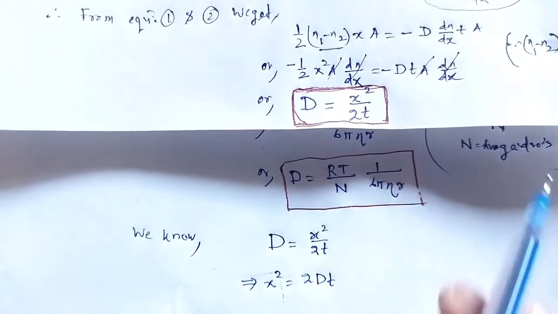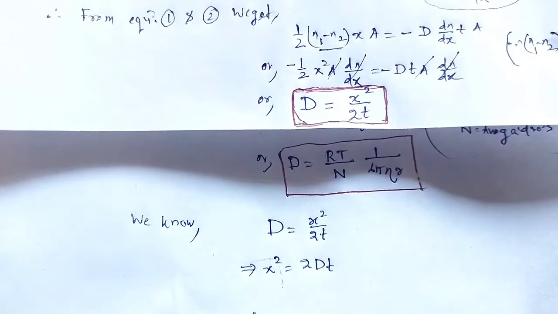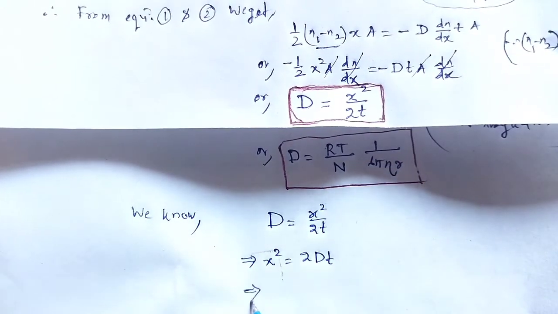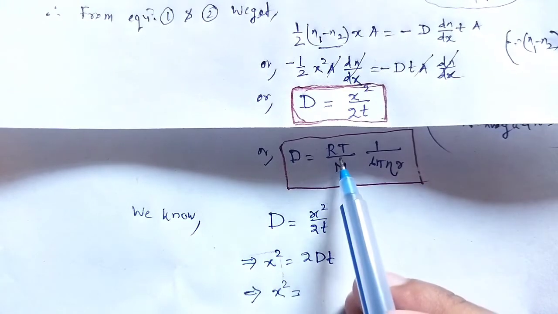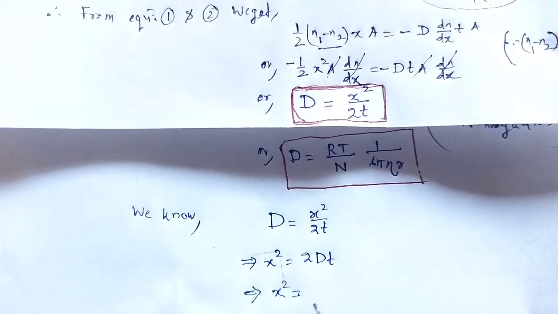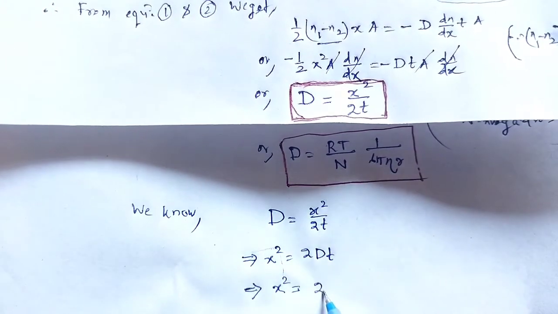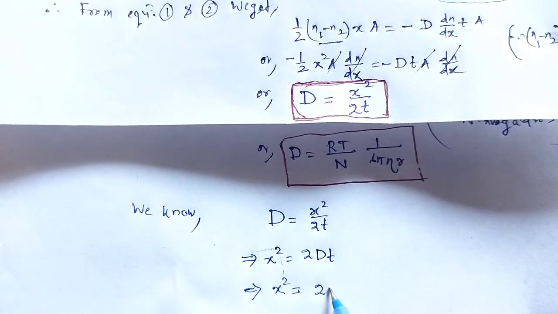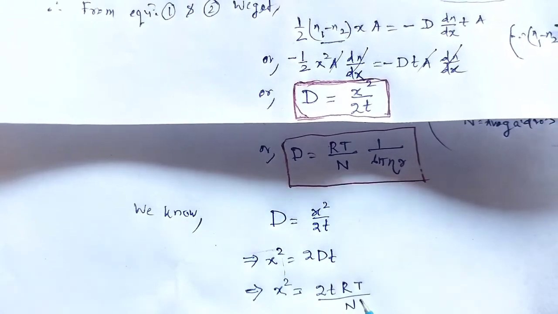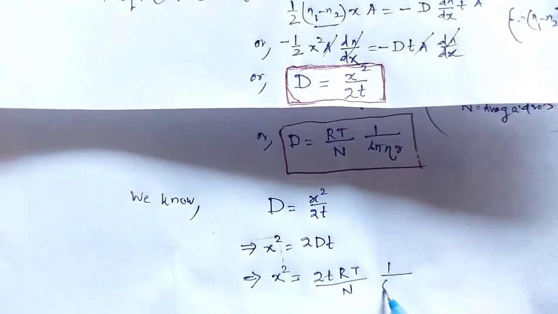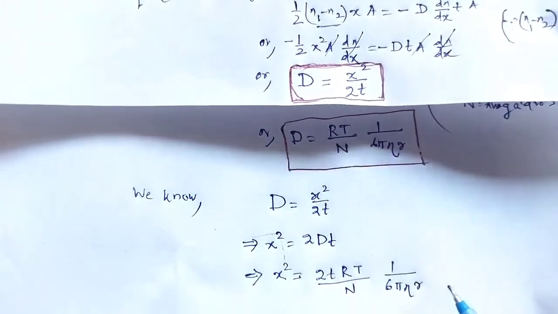Now we have x square is equal to, the value of D put here, 2t RT by N times 1 divided by 6 pi eta r.